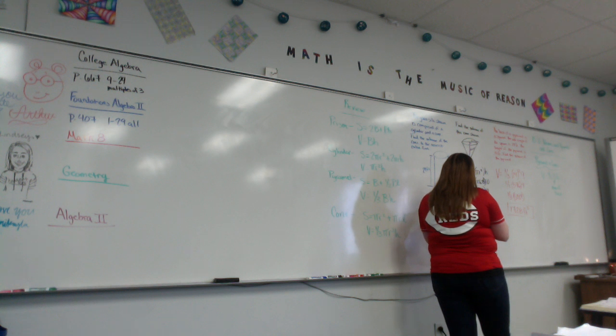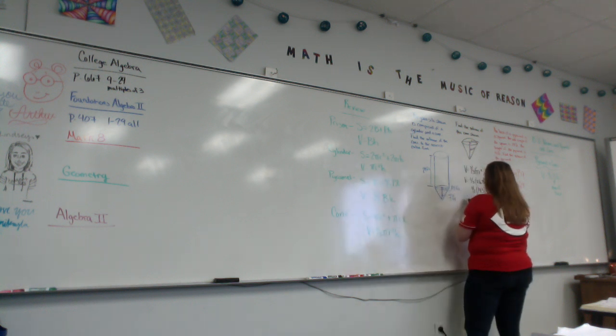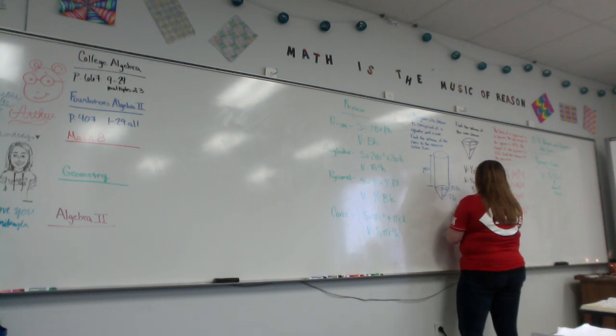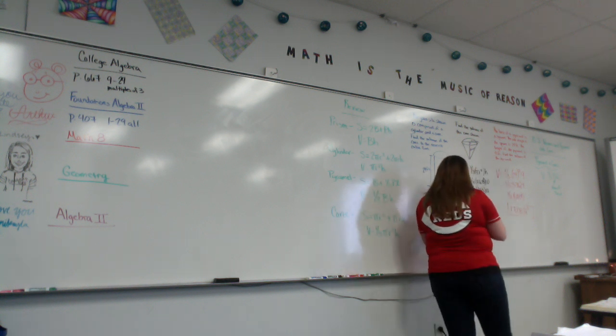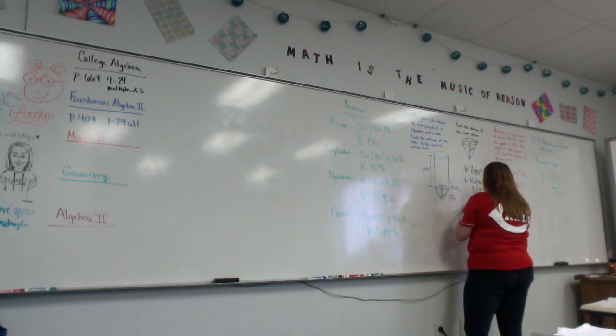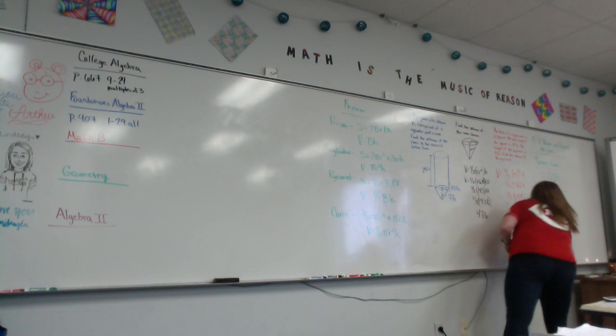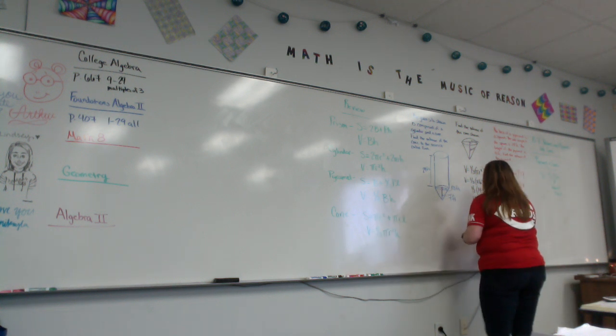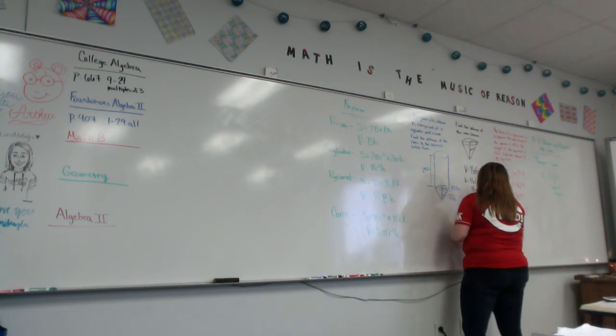So it would be 1,430 divided by 3, which gives 476.6. Let's round up to 477. 477 what? Meters cubed. Beautiful.